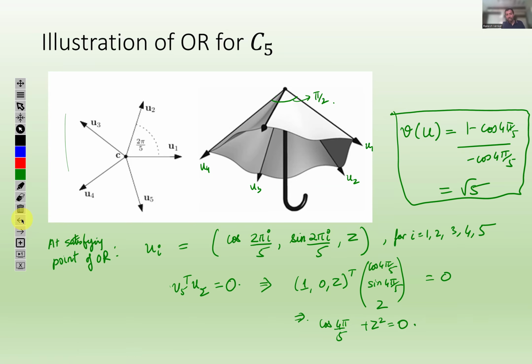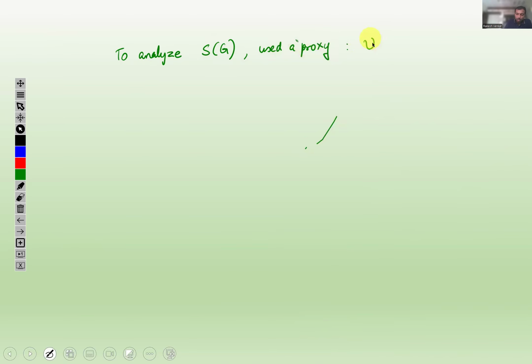The key ideas at this point that we have used are that to analyze Shannon capacity, you use the proxy theta of g. Okay, why did we use this theta of g? That's because Shannon capacity dealt with independent sets in product graphs, right?